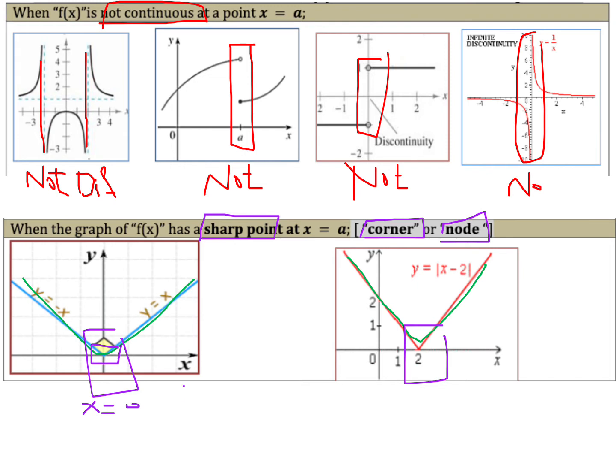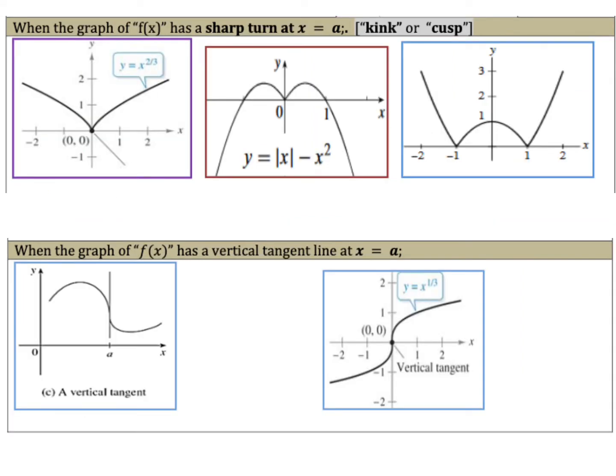So the function is not differentiable at x equals 0 and x equals 2 here for the second graph. So that means the second case, if the graph has a sharp turn or corner, we also call it not differentiable. If you look at these examples also here, all are continuous.